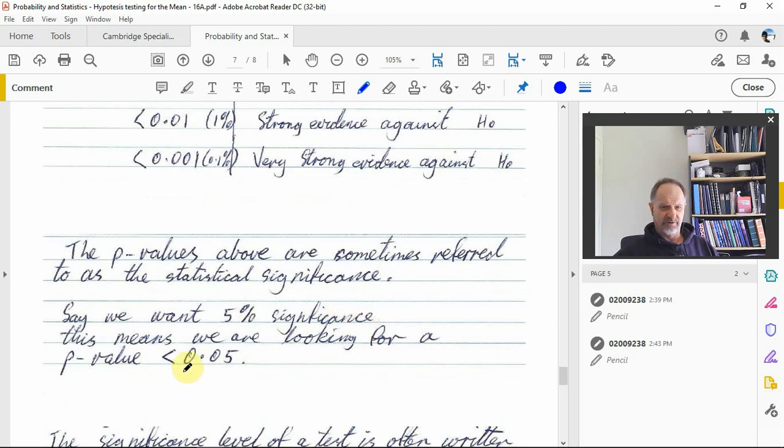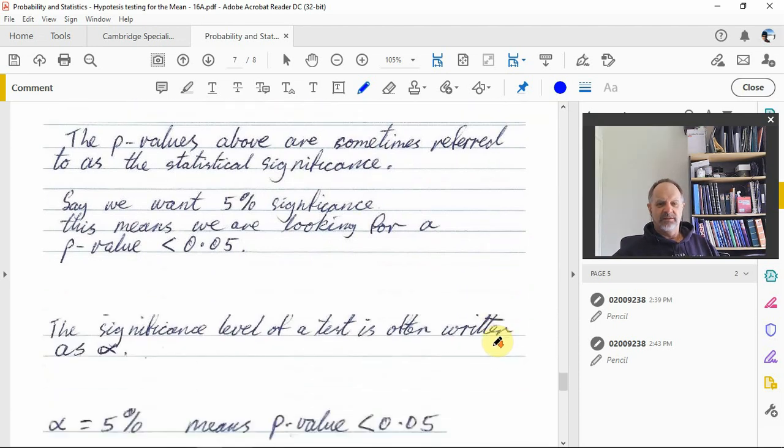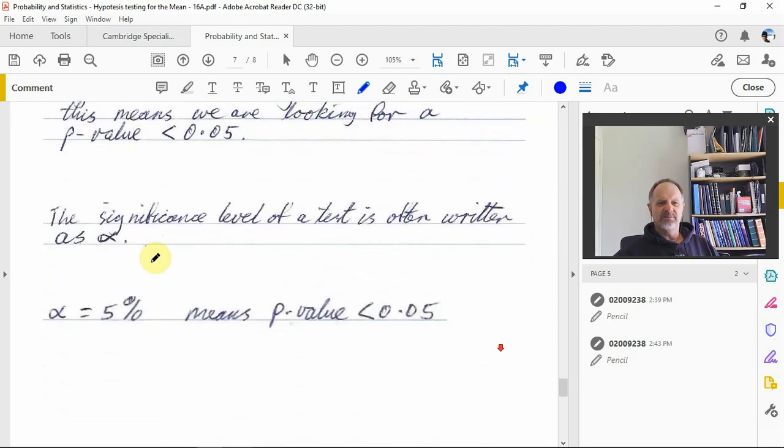It means you're looking for a p-value less than 0.05. The significance level of a test is often written as alpha, and alpha of 5% means a p-value of less than 0.05. That's just an interpretation of what those wordings mean.